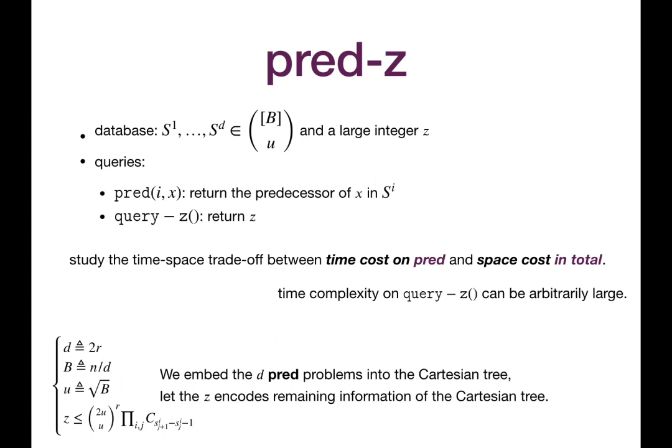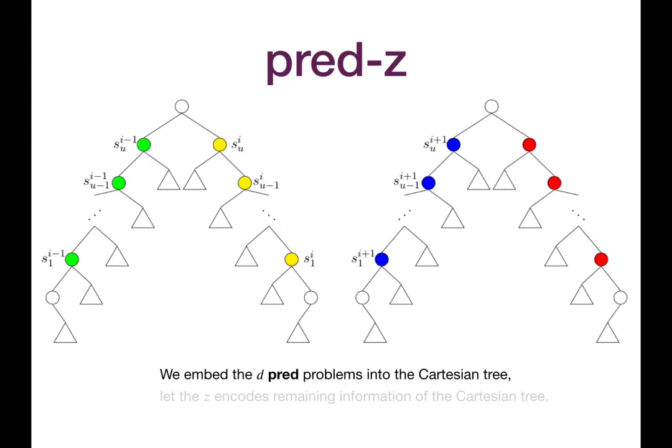We then embed the database of PretZ into a Cartesian tree to reduce it to RMQ. We group the subproblems into pairs. A pair of subproblems is embedded into a small tree which has 2B plus 3 nodes.